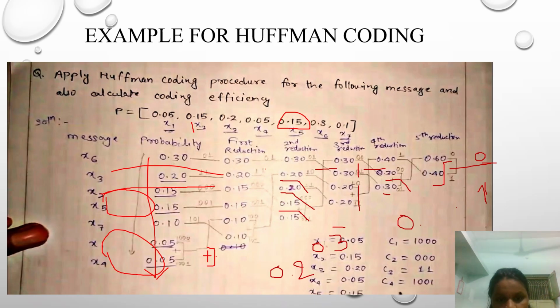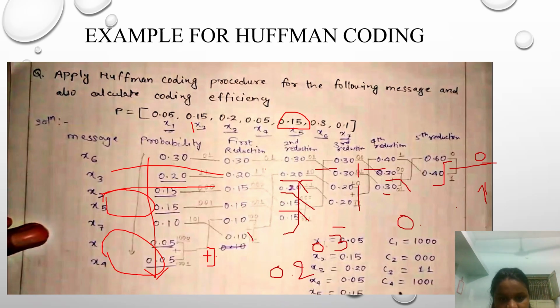The 0.10 and 0.10 give rise to 0.2, where the traversal occurred through this. The respective code word is 0 1 0, and we are assigning 0 and 1 here. The same process is done for this one also, as the 0.3 gives rise to 0 and 1. 0.2 is 1 1, 0.15 means 0 0 0, 0.15 means 0 0 1, and the 0.10 code word is here.